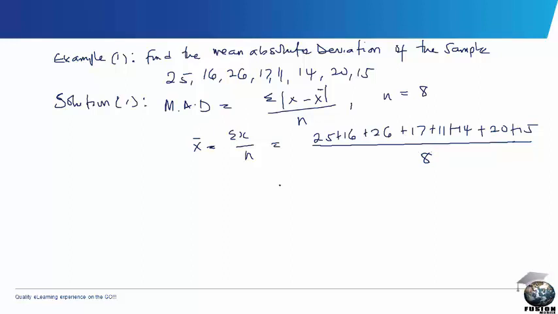So x bar is 144 divided by 8, which is equal to 18.